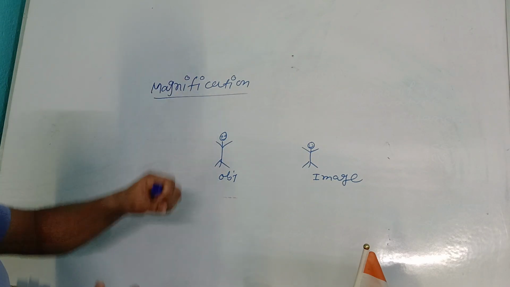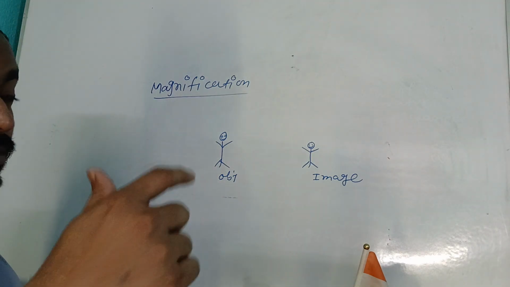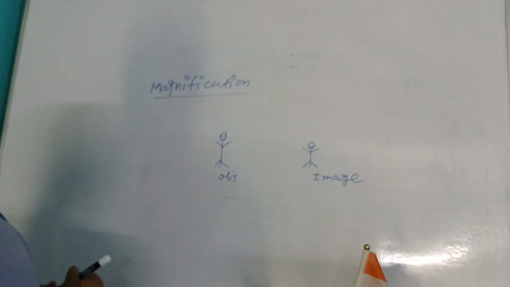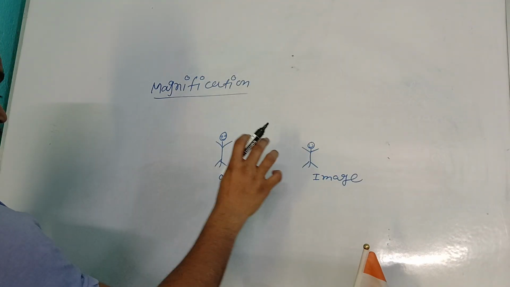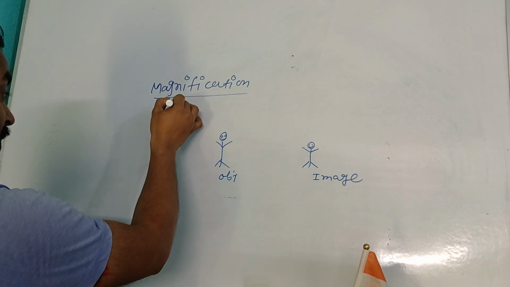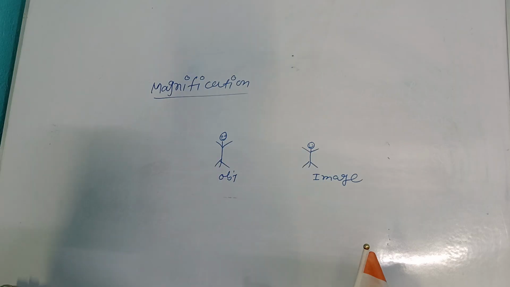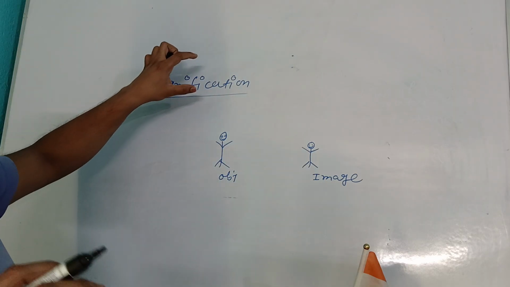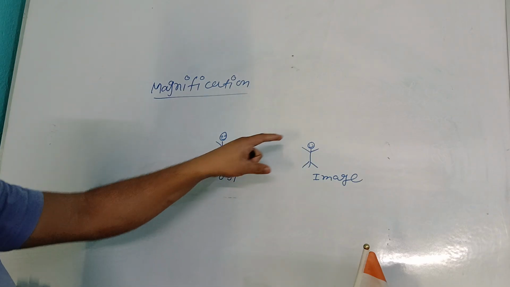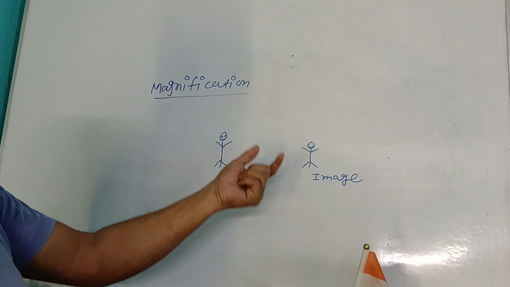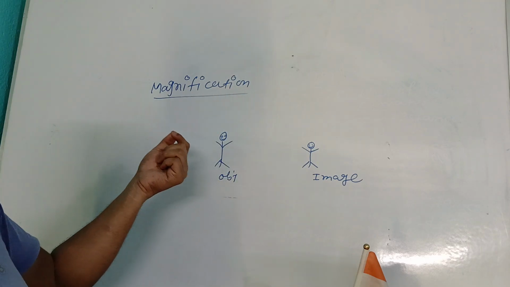Right now we have to use different formulas also, but here this is called linear magnification. This magnification provides information on whether the image is smaller than the object or bigger than the object.